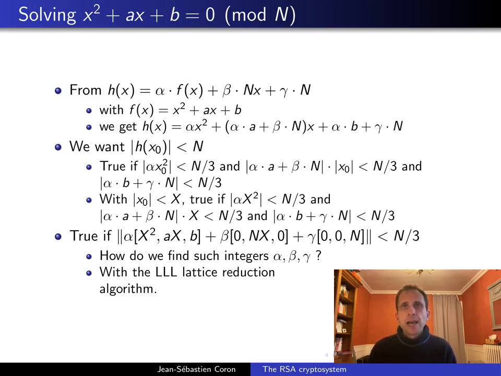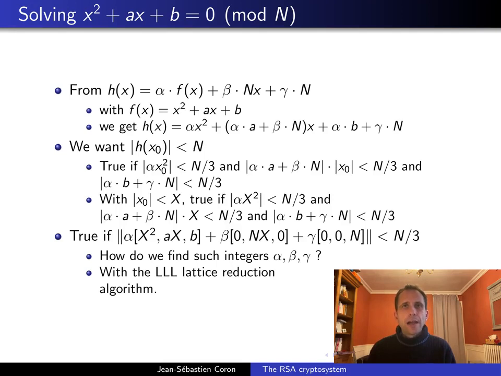So we want that alpha times x0 squared is strictly less in absolute value than n over 3, that (alpha a plus beta n) times x0 is strictly less than n over 3, and we also want that alpha b plus gamma n is strictly less than n over 3 in absolute value.